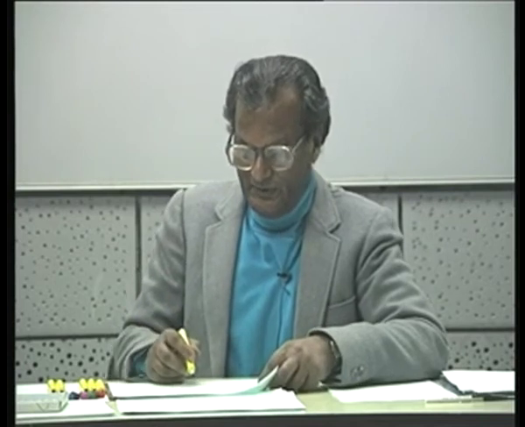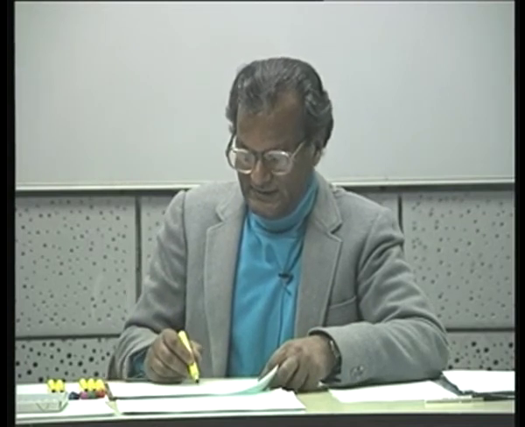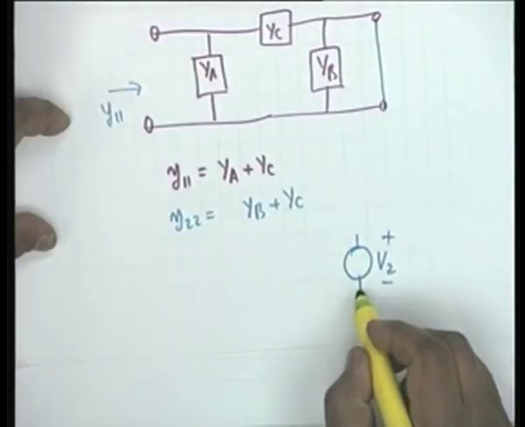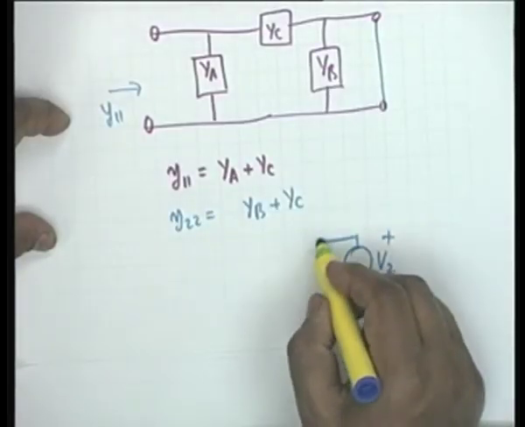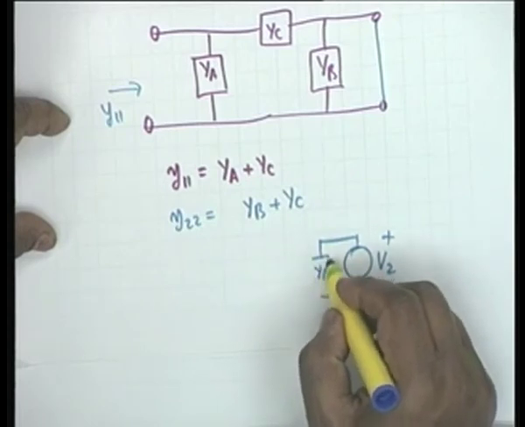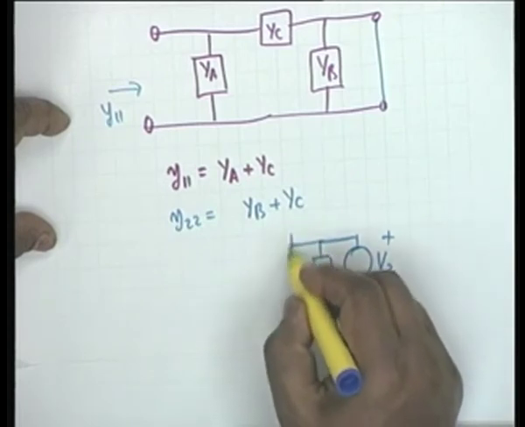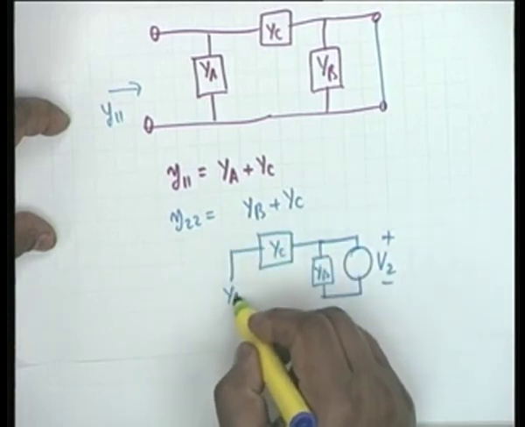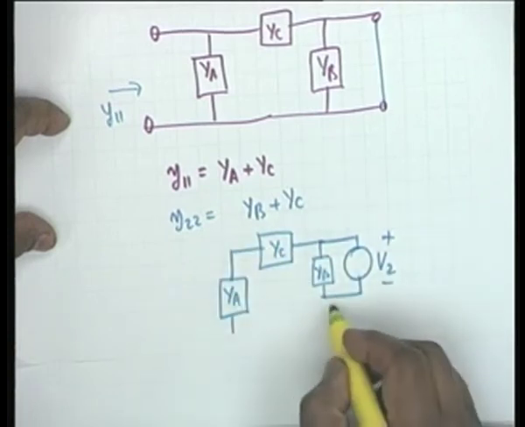For Y12 we shall connect a voltage source at port 2, with YC and YA, and what shall we do?